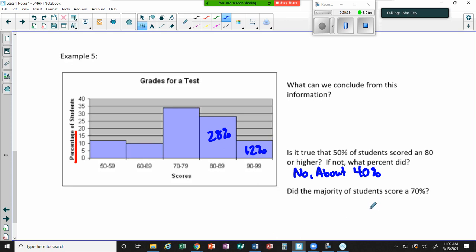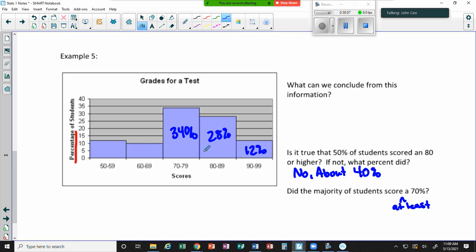So the next one, did a majority of the students score at least, we should say at least a 70%? So this would be what? 34%. Right? So is that 70% or higher?